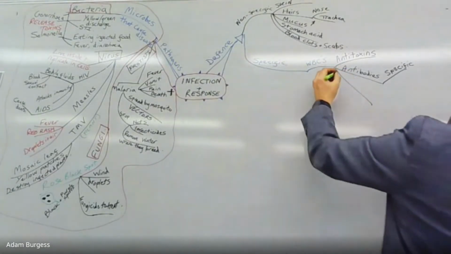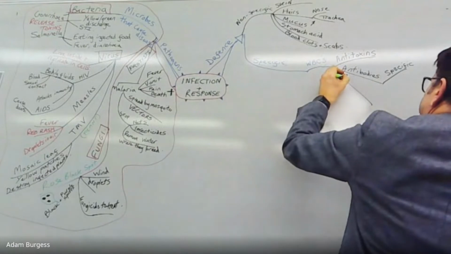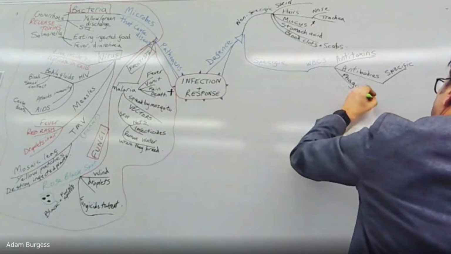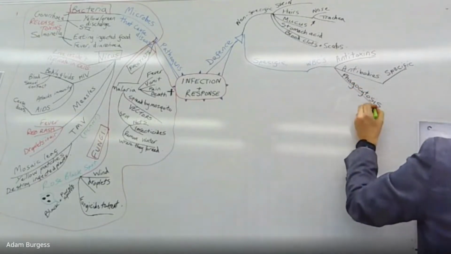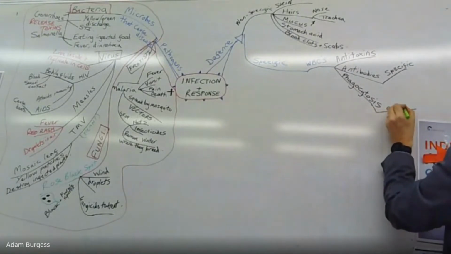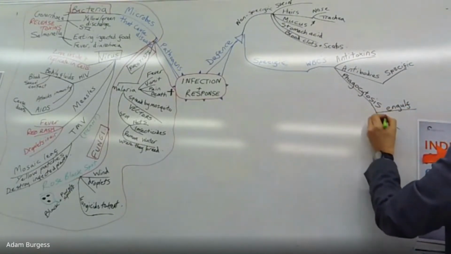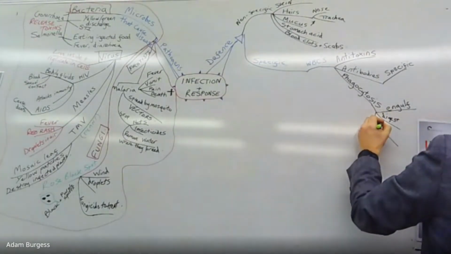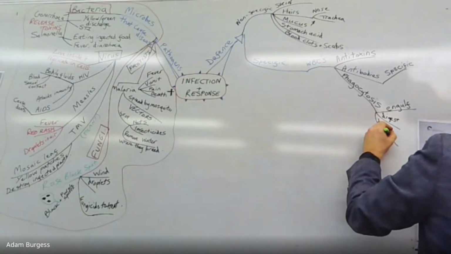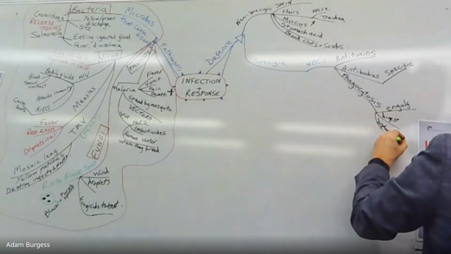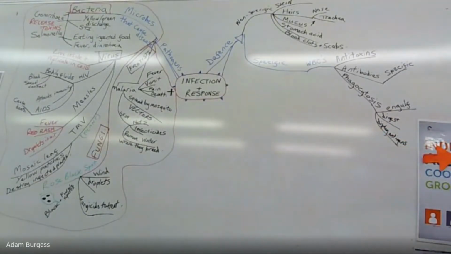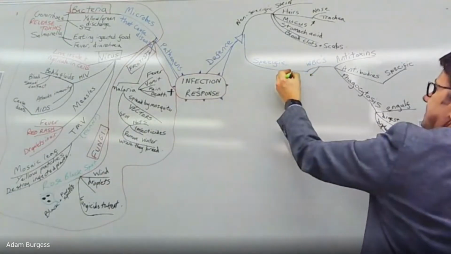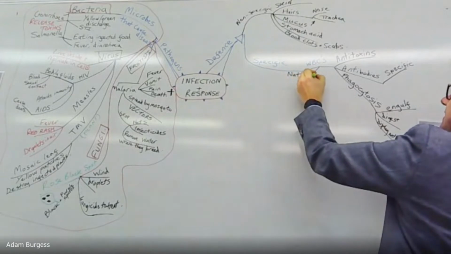And finally, they engulf, or a better word, phagocytosis. So they engulf bacteria, they digest them, and they also display the antigens. So obviously with WBCs as well, you get natural immunity.